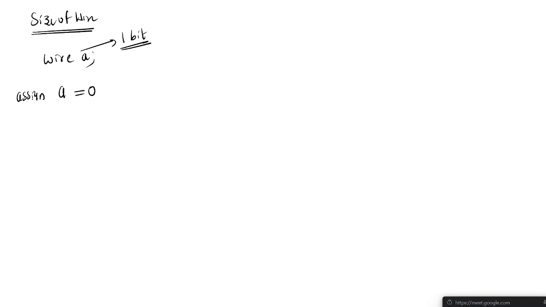The 0 on this side is 32 bit, and you are correct, but this side is 1 bit. So normally how will the compiler store it? This is the LSB, bit 0, and so on up to bit 31. So the LSB value will be stored in a, so a equals 0.